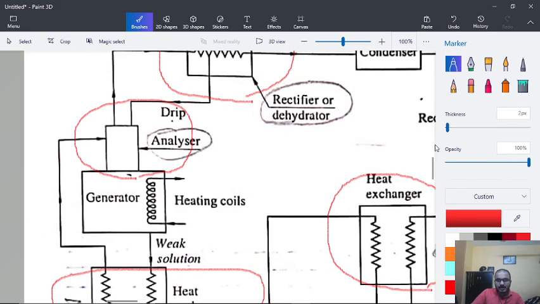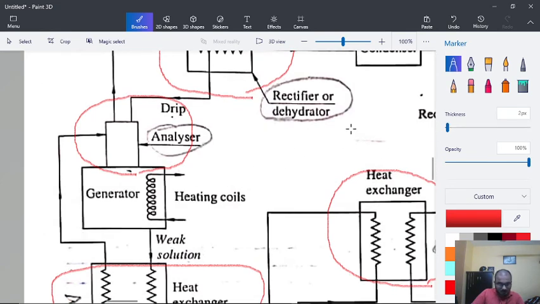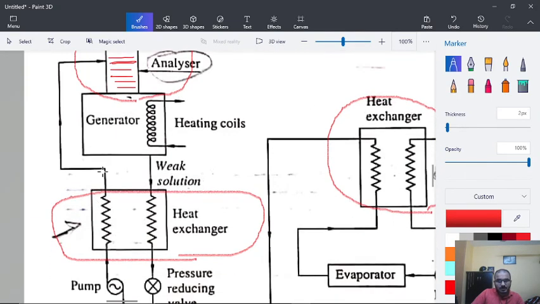So what does this analyzer do? Here we are having a series of trays mounted, and we are taking this ammonia water vapor combination over here.